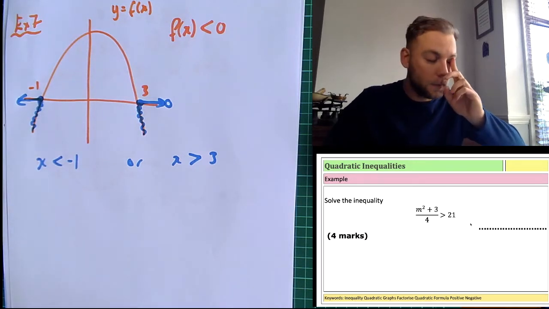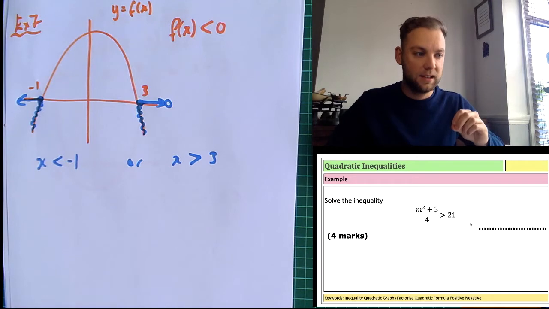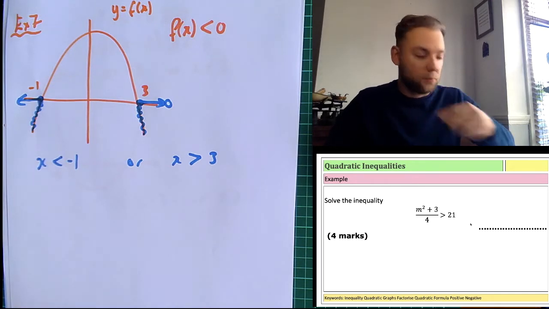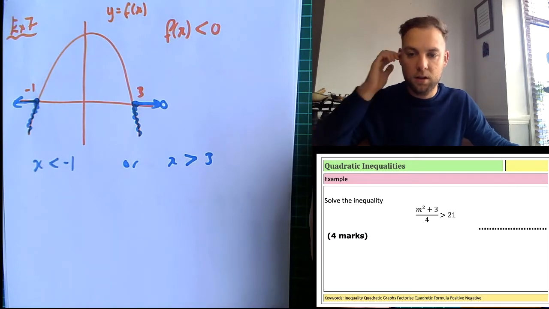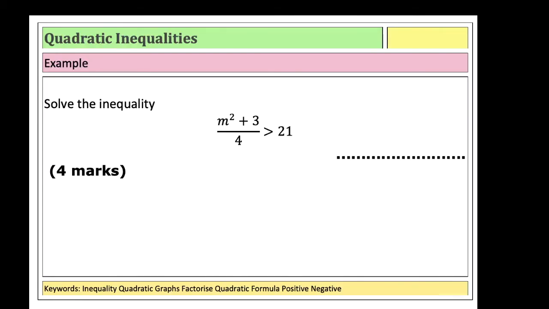Now, the mistake that everybody always makes with this is, well, I'll make it big for you so you can see it. They times by the 4, then they take away the 3. But with this one here, people forget to use the graph, and people lose marks because they don't know what they're meant to be doing.